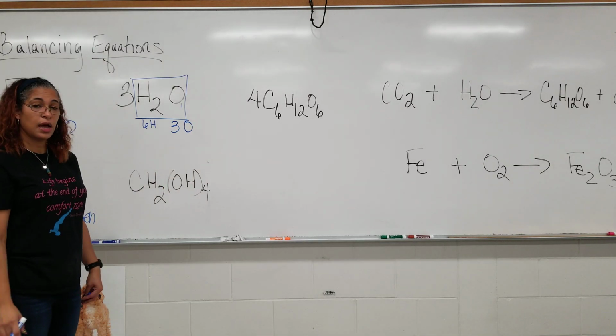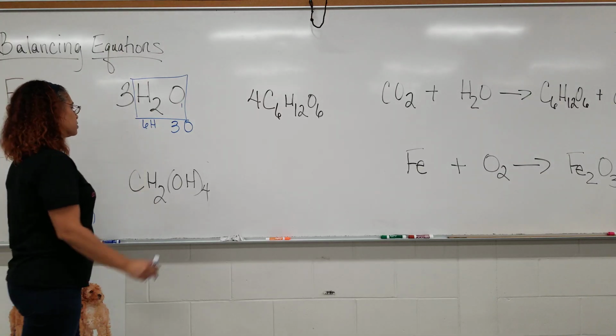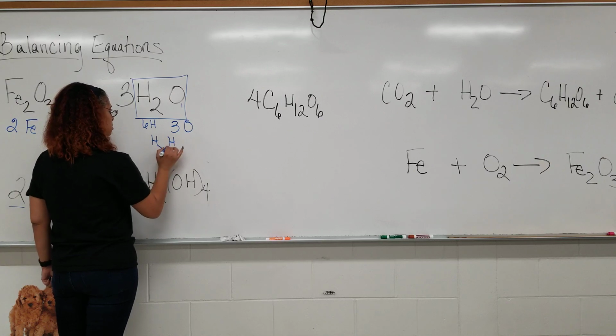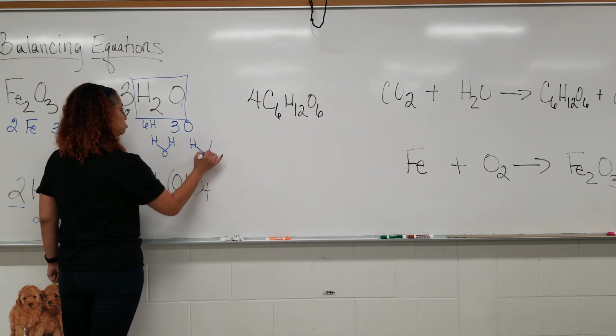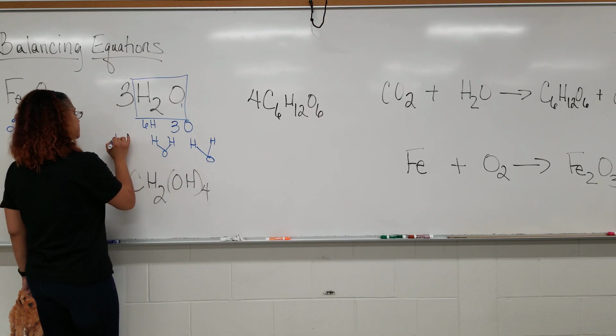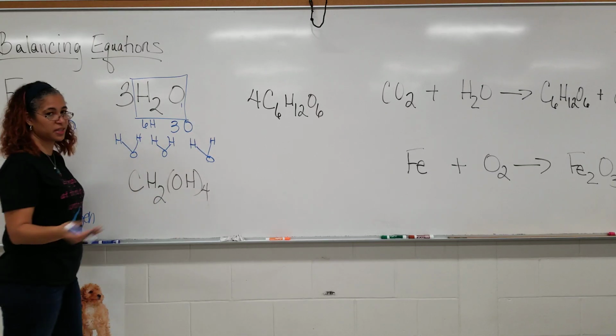Okay? And if you're unsure, you can actually build a molecule. If I'm building 3 water molecules, I need H2O, H2O, H2O. By the way, that's kind of what they look like.